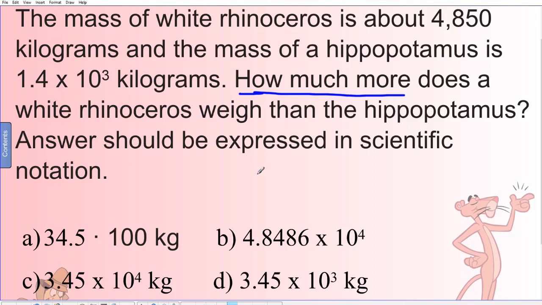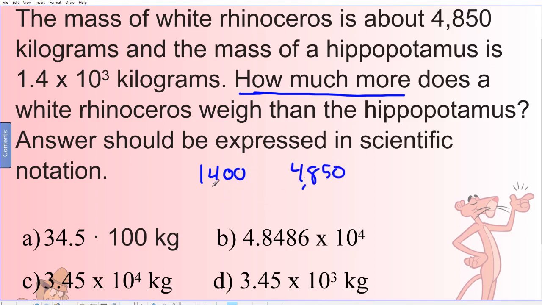Now, I'd like to be able to figure out which one's bigger, so I can put the bigger one on the top. But, well, let's just do this. Let's change this guy into standard form. So if I move my decimal 3 places, 1, 2, 3, I get 14000. Oops, that's too far. 1, 2, that's 3 places. And the other one's 4850.